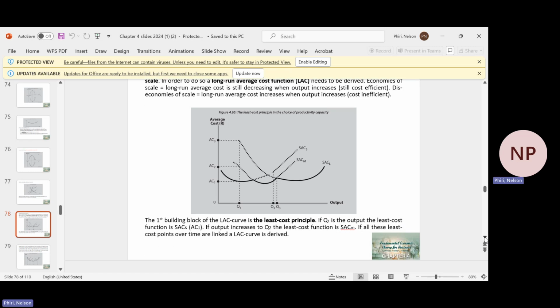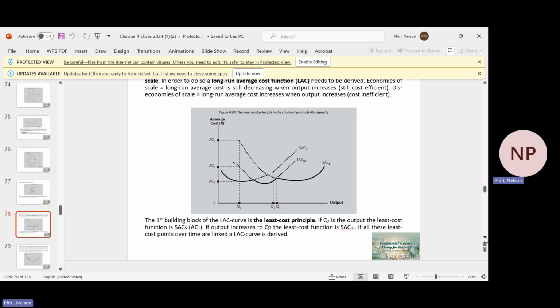The building block of that is the least cost principle, which is what we use to derive your long run average cost curve. We have quantity Q1, which is the output of the least cost function. We are talking about the short run average cost curve AC1. Then if our output is at Q2, that is the least cost function for your short run average cost curve.